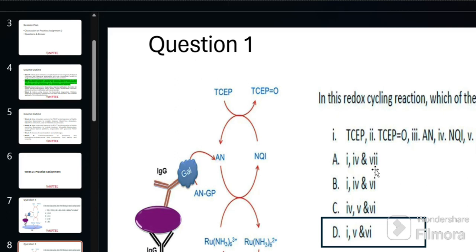From gold nanoparticles, they are reacting with the labeling element on the secondary antibody, and it is converted into Au. So Au is the second starting agent, and the third is ruthenium, in its Ru 2+ state.